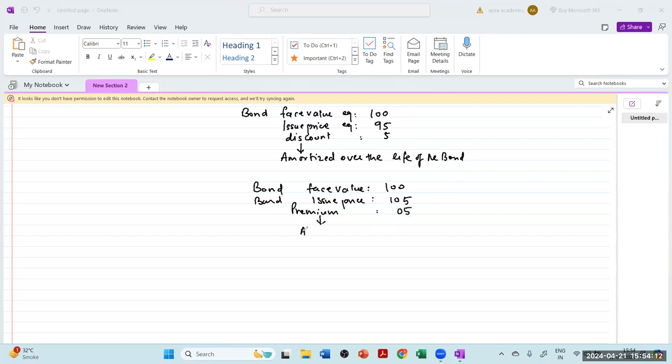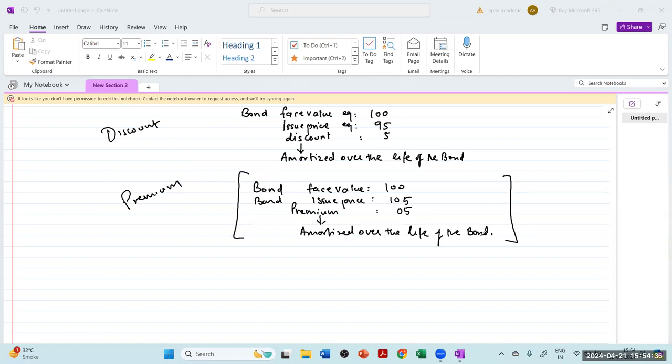What happens to this premium? It'll be amortized over the life of the bond. So this is discount and this is premium. We are going to discuss this aspect today.